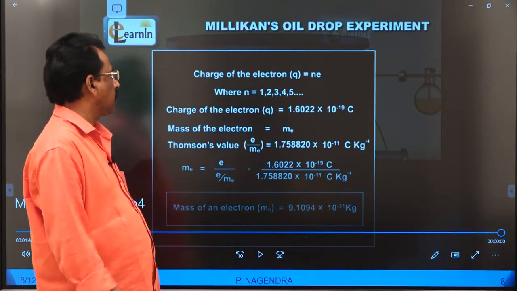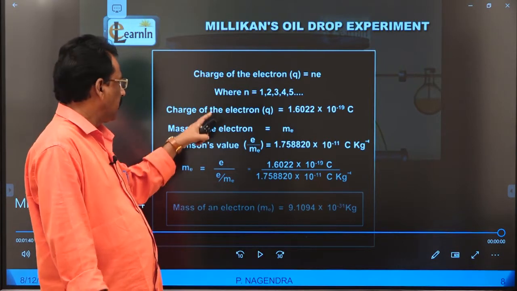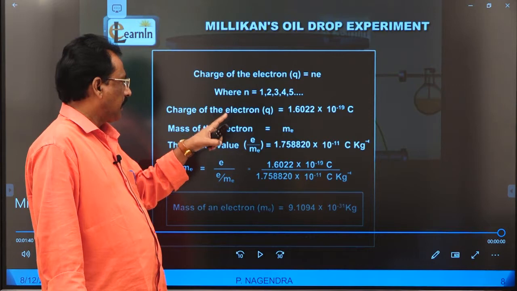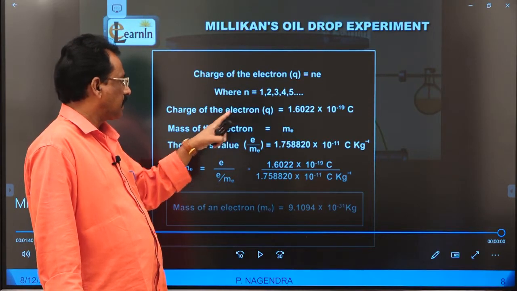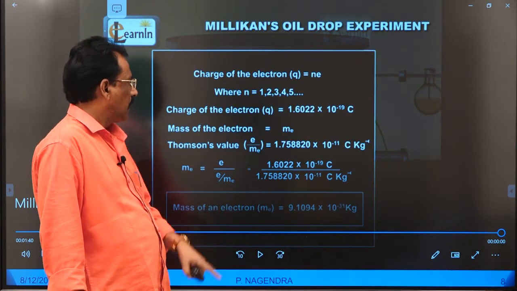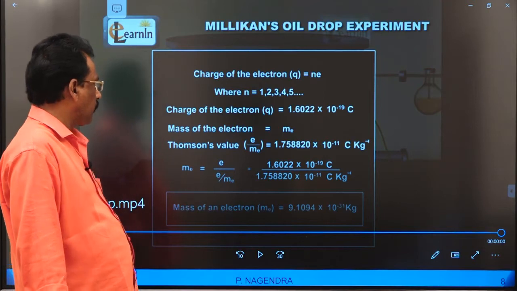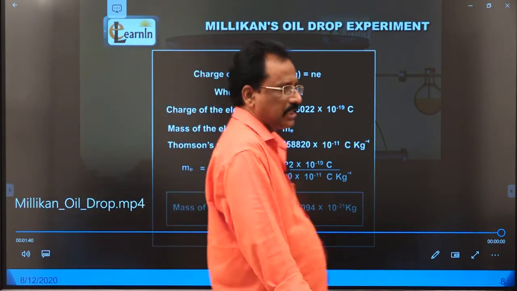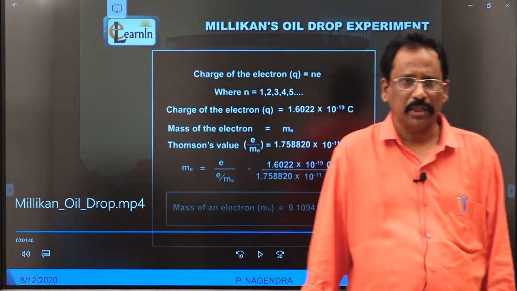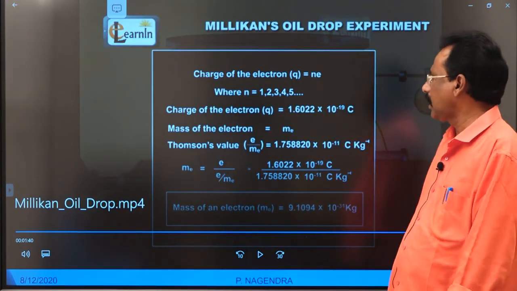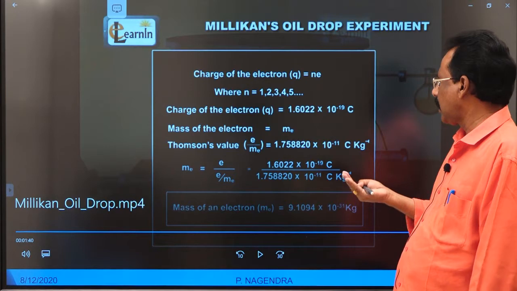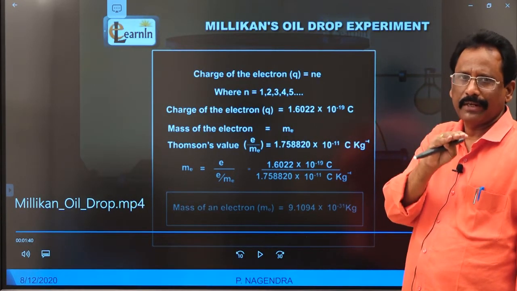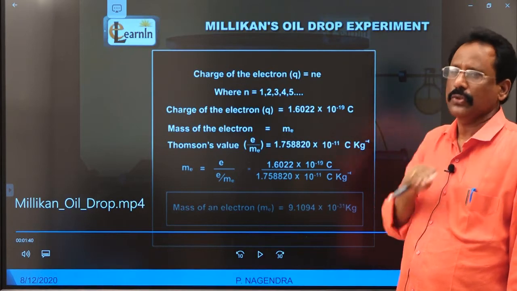According to Millikan's oil drop method experiment, the charge of the electron in SI system, or MKS system, is equal to minus 1.602 into 10 power minus 19 coulombs. According to Millikan, the charge of the electron in CGS system is 4.8 into 10 power minus 10 ESU.